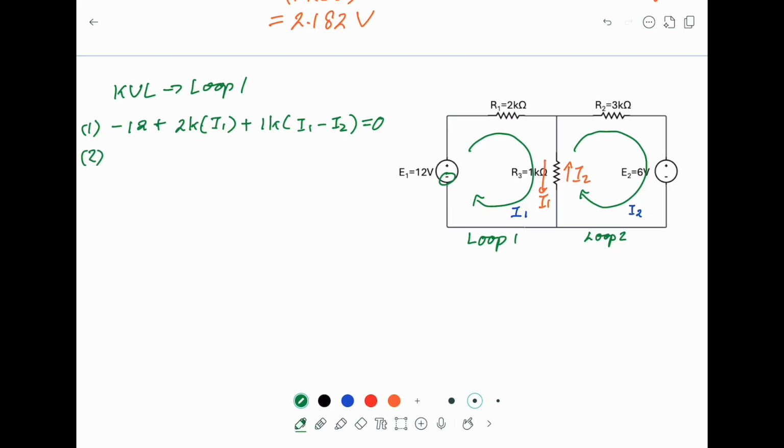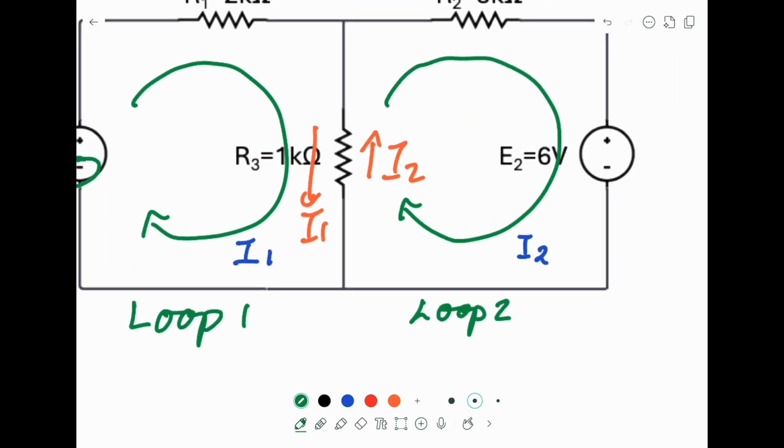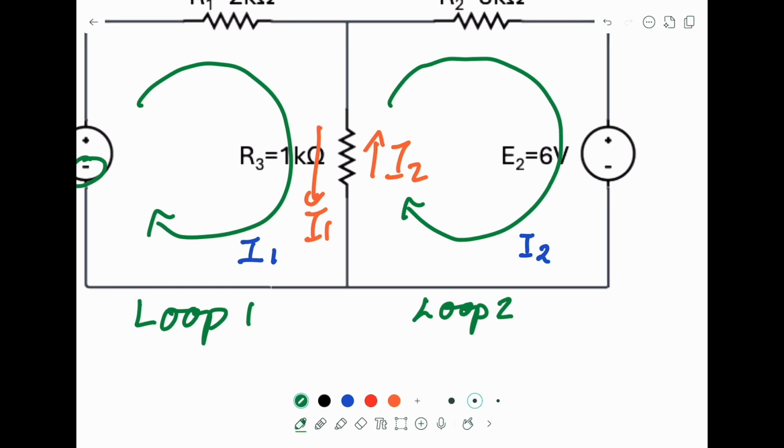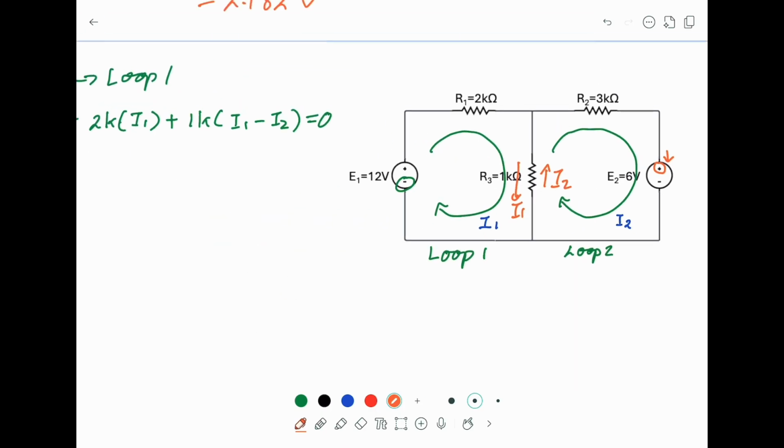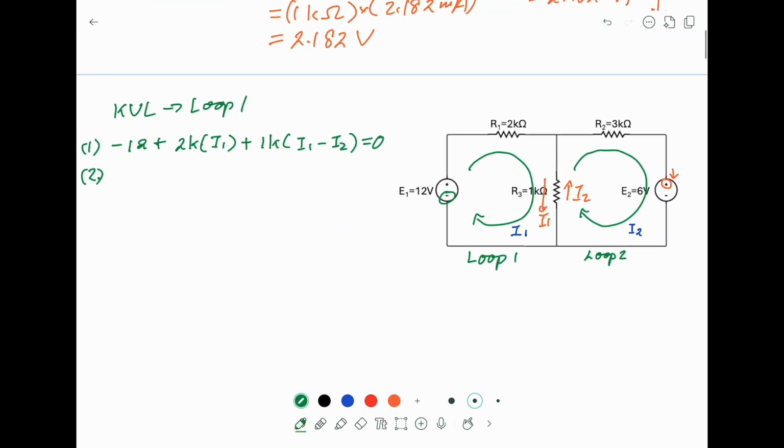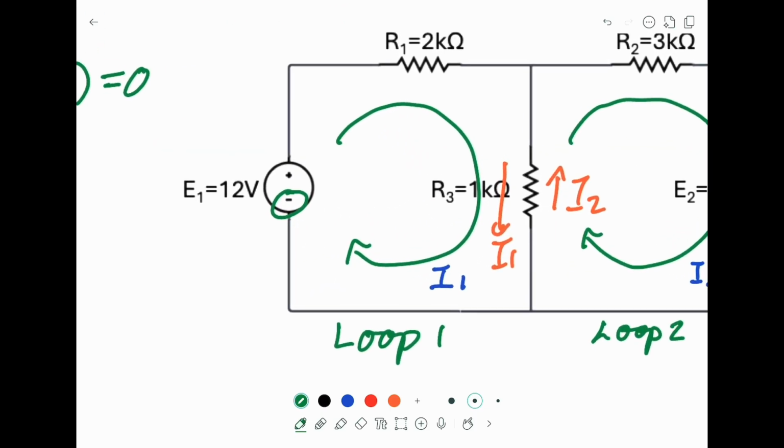Equation 2, we do the same thing. The only difference this time is that I2 enters E2, the voltage source 6 volt, from the positive side. So we can write this one as positive 6. When we analyze R3, the same argument, we have to maintain the current I2 through this direction.